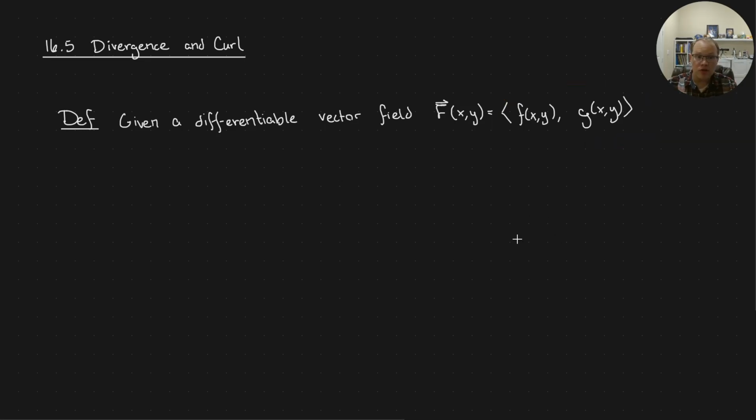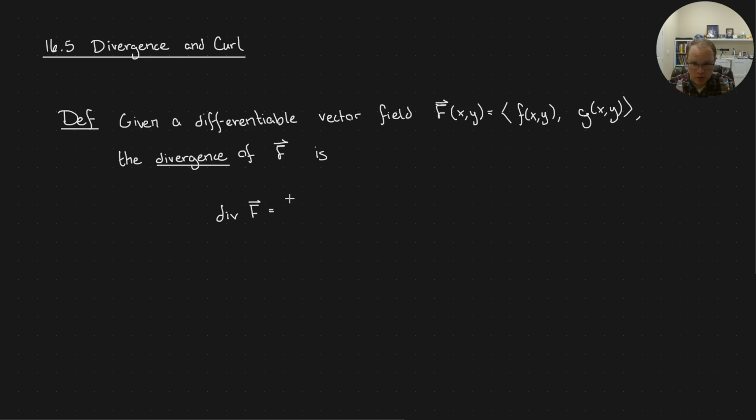So given a differentiable vector field, the divergence of F is, and we put div in front. We have a couple different notations for divergence, but I'll start with this one. Div, short for divergence, the divergence of our vector field F. All we're going to do is take partial derivatives of the components of our vector field.